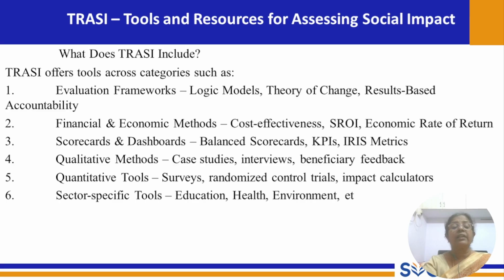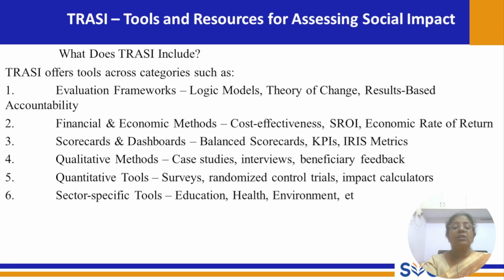What does TRASI include? It offers tools across categories such as evaluation frameworks, which include logic models, theory of change, and results based accountability. Financial and economic methods include cost effectiveness, SROI, and economic rate of return.